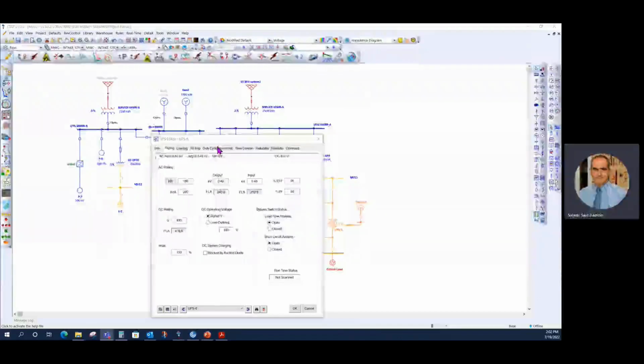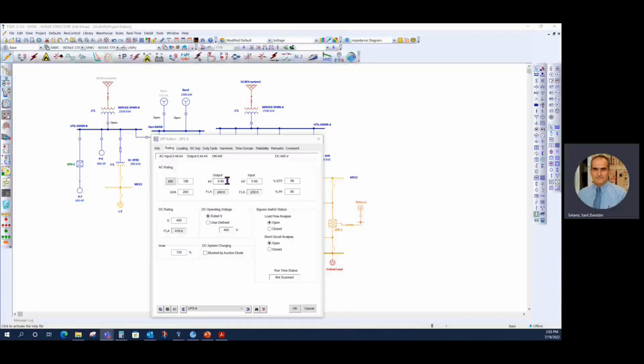As I discussed in my previous slide, UPS has the AC input, AC output terminal, and also DC terminal. Typical rating for the UPS is based on the kVA. For example, in this case, 200 kVA with efficiency of 96% and power factor of 98%, which is based on the vendor information.